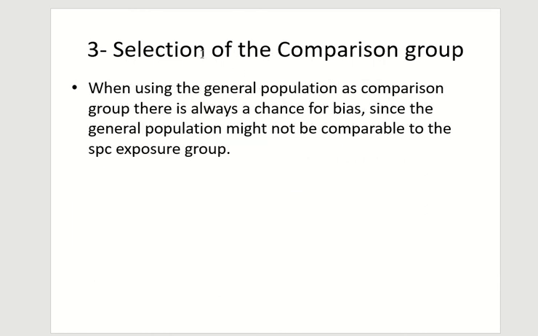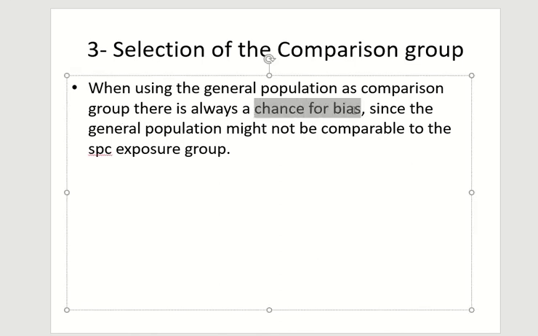All right, so more about the selection of the comparison group. When using the general population as a comparison group, there is always a chance of bias, since the general population might not be comparable to the special exposure group. And I mentioned that your special group might be, for example, physicians.